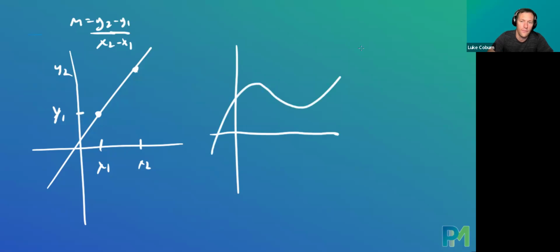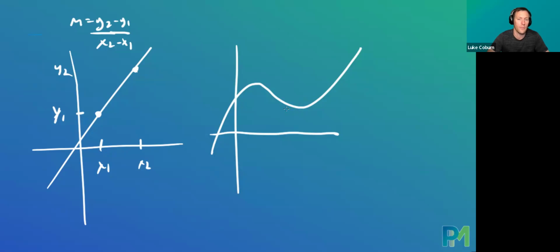Now, if we have a curve, the point about it is that, imagine you're out for a walk in the mountains or something like that. So when you're here, you're going uphill and it's steep, and then you've reached the top of the hill, and then you're running downhill, and then you're going back uphill again, and so on, right? So the slope is ever changing. We know that. It gets steep, it gets less steep, it goes up, it goes down, it goes flat.